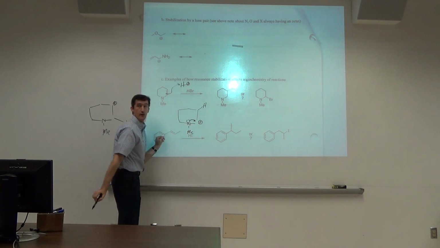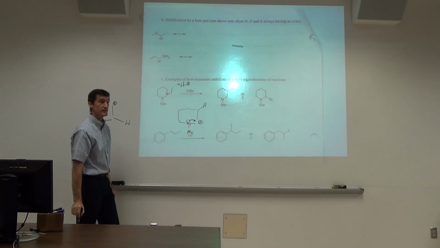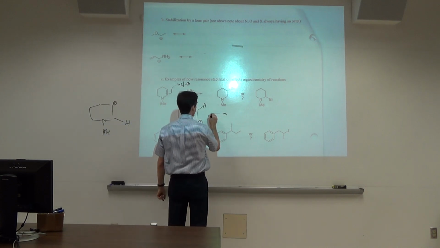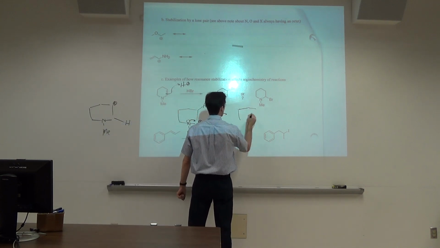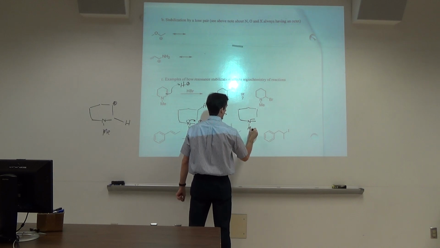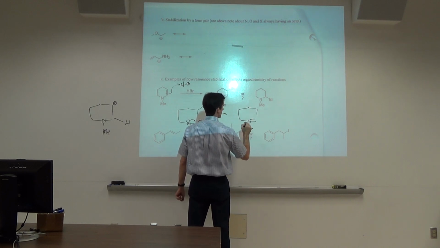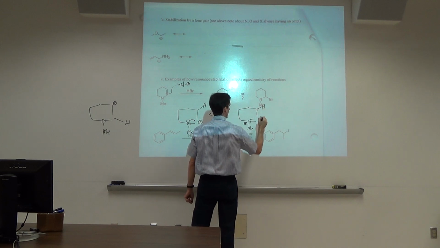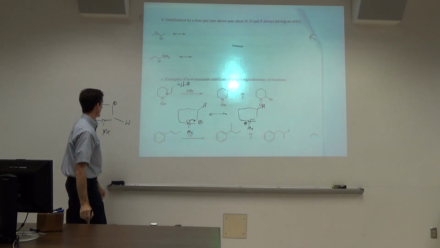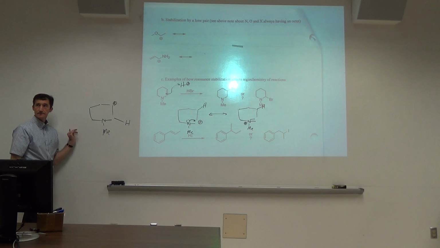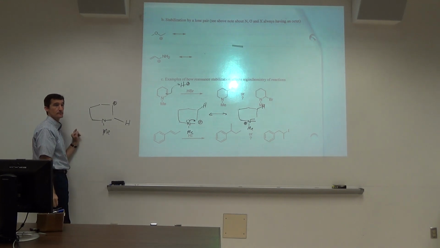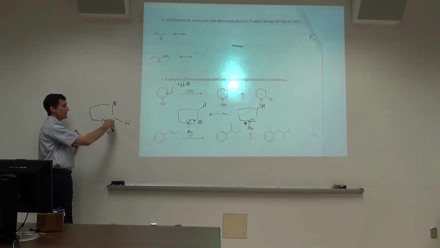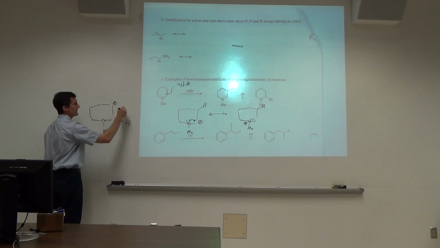What can you do here? Bam. Resonance. Electrons in. Get an alternative Lewis structure. Plus charge on nitrogen. Can you draw a resonance structure of this? No. There's no p orbital here, no p orbital here. It's an isolated carbocation.